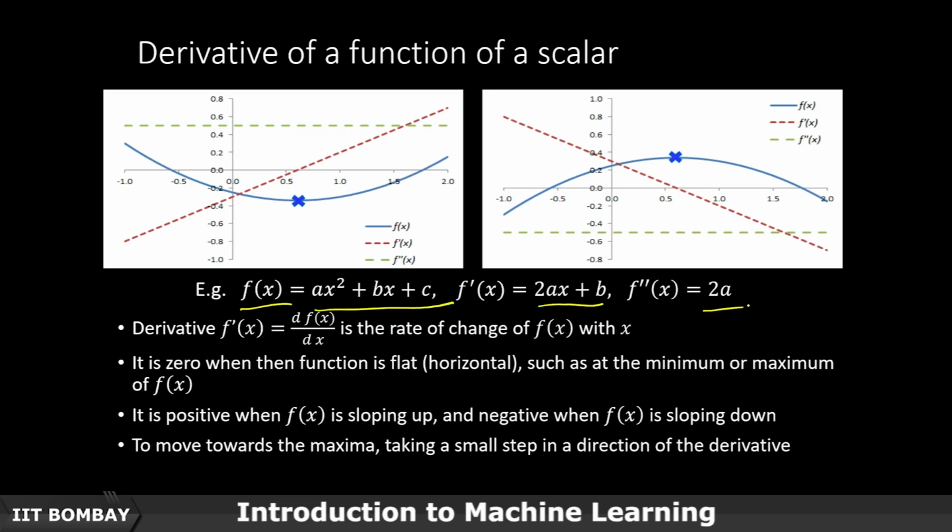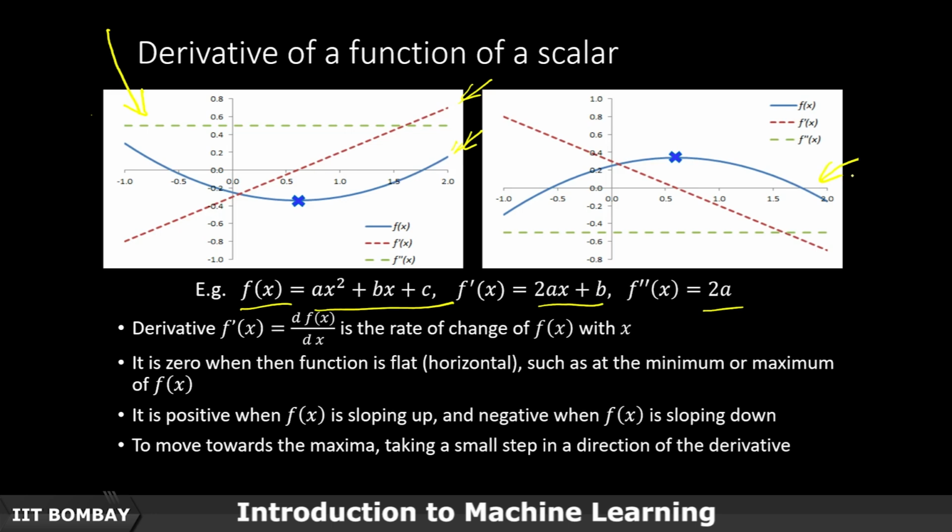So what this tells us is that if this blue curve is the function f of x, then my derivative is going to be this red line, and my second derivative is going to be this horizontal green line that you see here. For the convex parabola, here we have a concave parabola and everything reverses its sign.